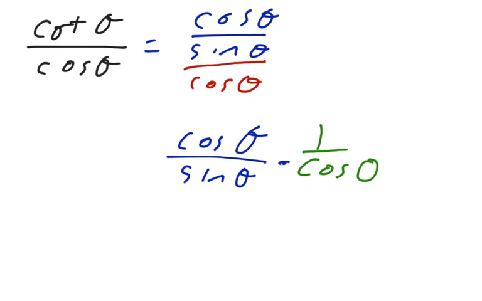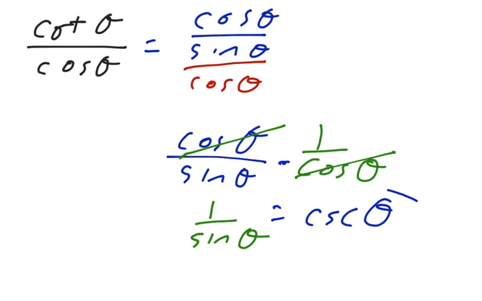And the reciprocal of cosine is 1 over cosine. The cosines cancel and we're left with 1 over sine. Well, we're not looking for 1 over sine. We want to change that. So to flip the 1 over sine, we wind up with cosecant.